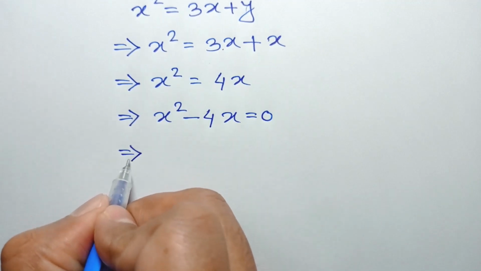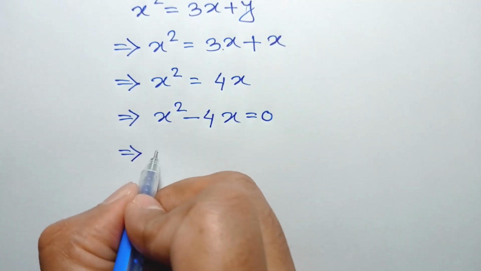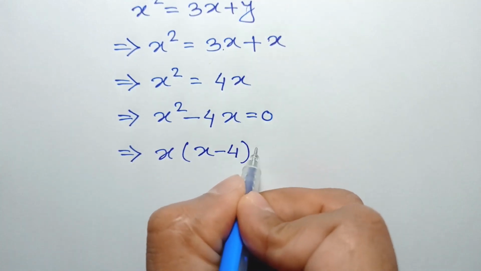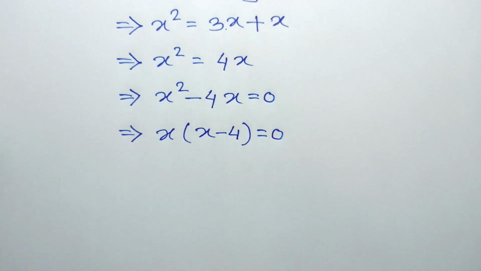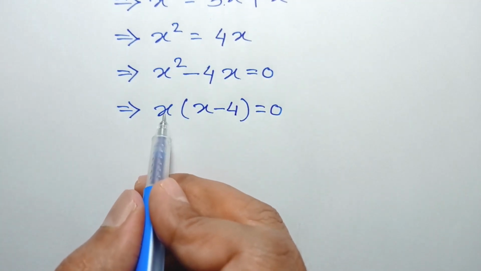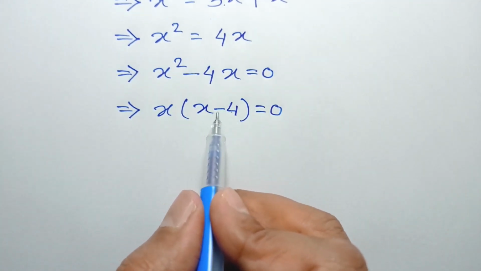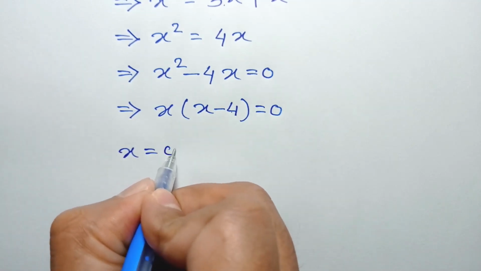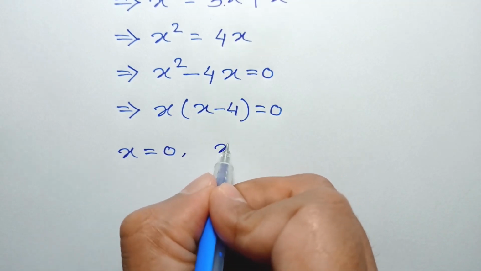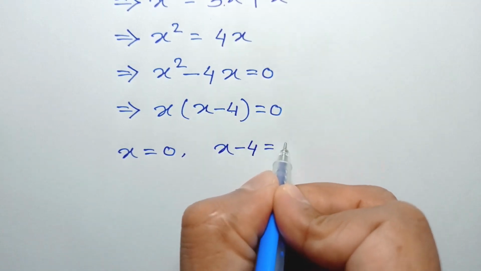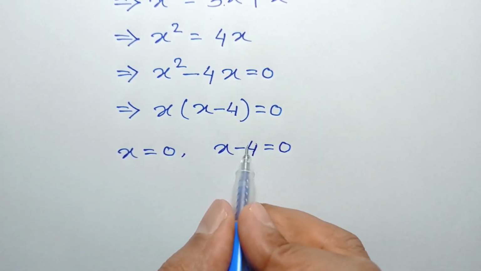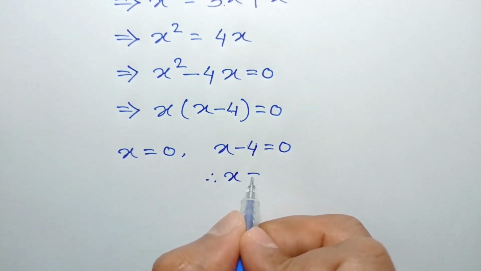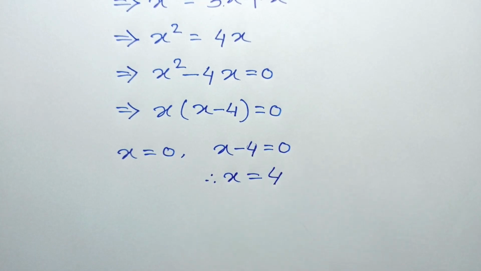Now taking common x from the left side, we can write x times x minus 4 is equal to 0. So x is equal to 0, or x minus 4 is equal to 0. So we will have x is equal to 0, or x minus 4 is equal to 0, and taking 4 to the right side, we will get x is equal to 4.